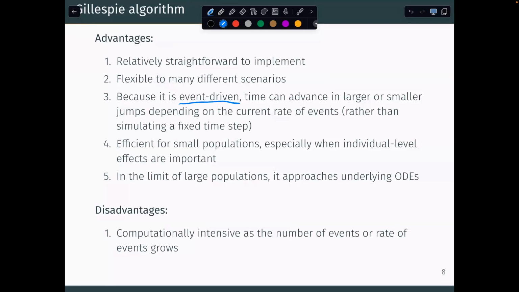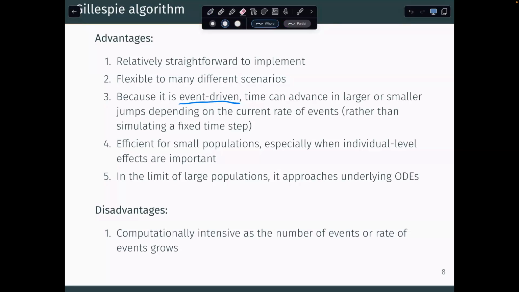If your rates are relatively low, that means the time can advance in these larger jumps, okay? Whereas if you arbitrarily set up and say, okay, I want my simulation to update every hour or every day, you're always locked into that, right? So this can adapt to times where those rates will be varying over the course of a simulation.